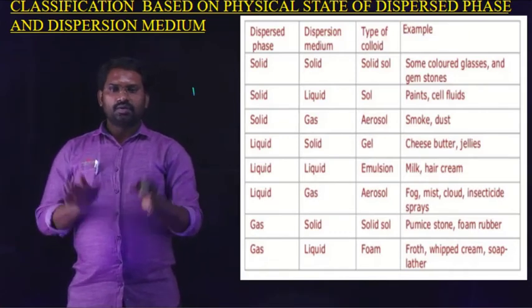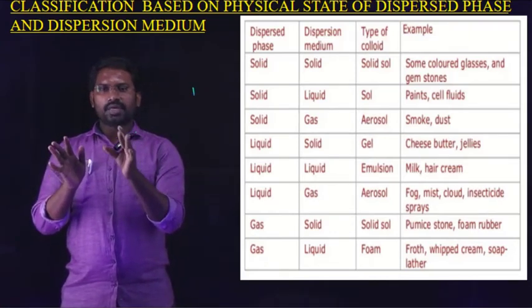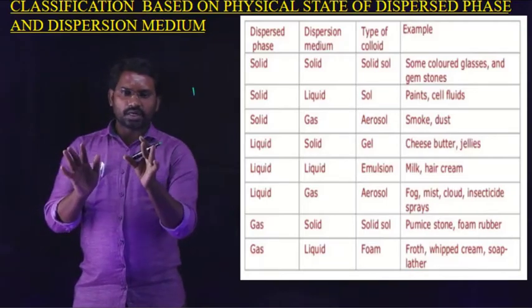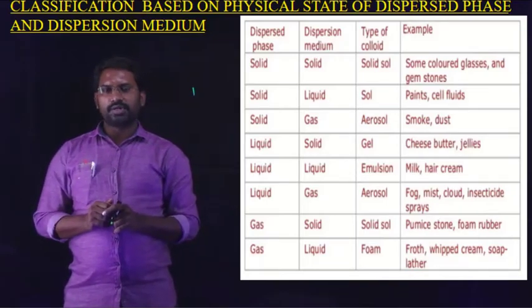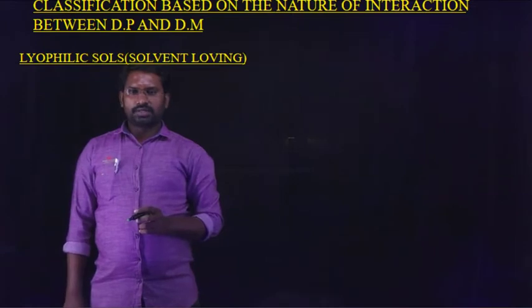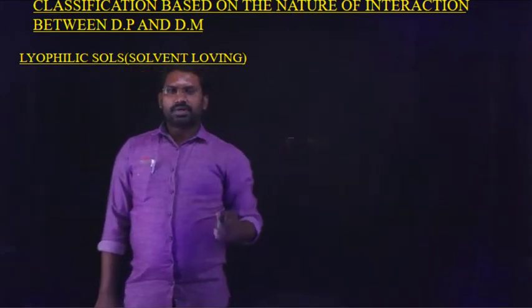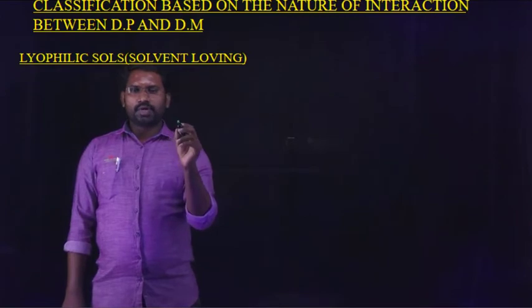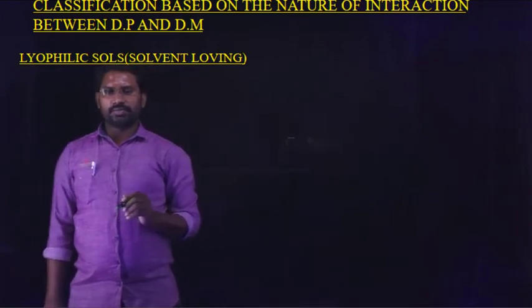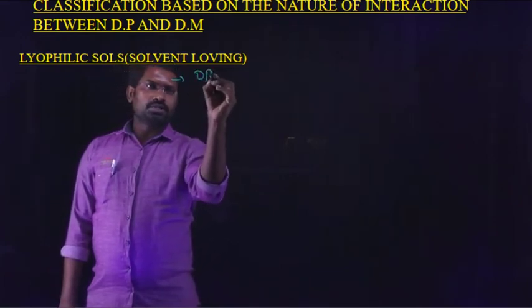This is the first classification of colloids, mainly based on the physical state of the dispersive phase and dispersion medium. The second classification of colloids is based on the nature of interaction between the dispersive phase and dispersion medium.